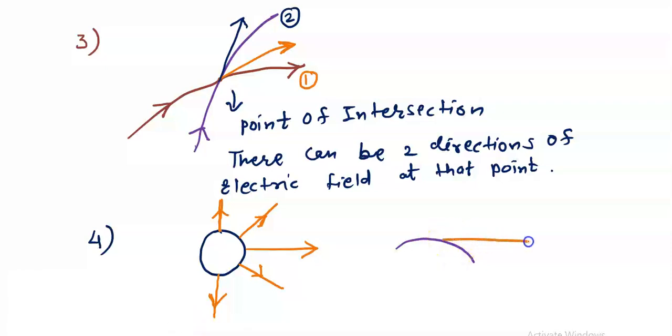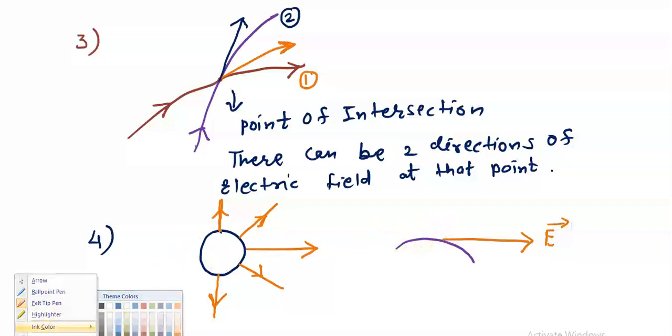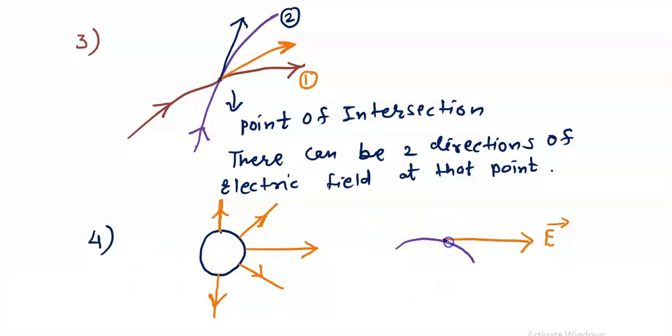Suppose the electric field is like this at an angle. Then there must be a component of electric field acting in this direction, like this. This is one component, say the X component, of the electric field.